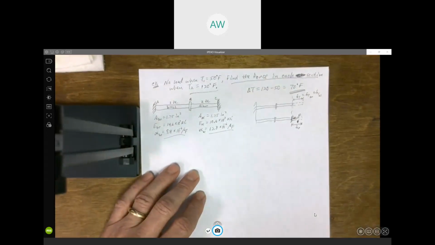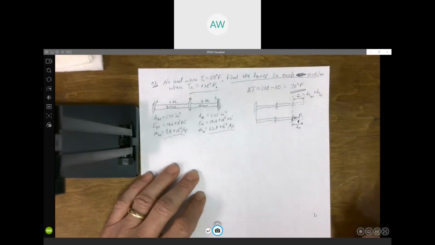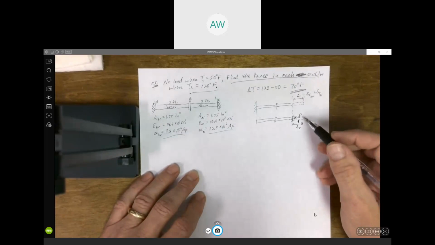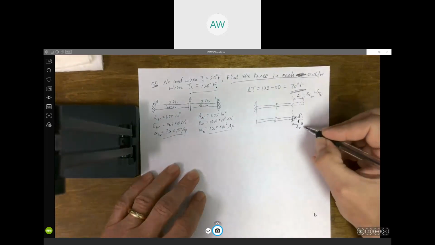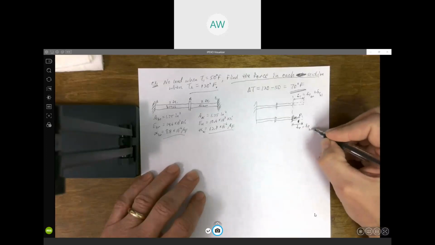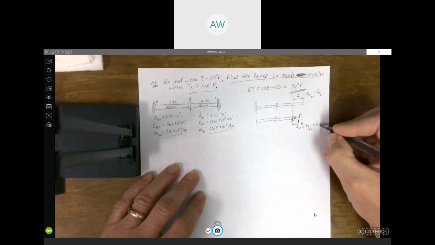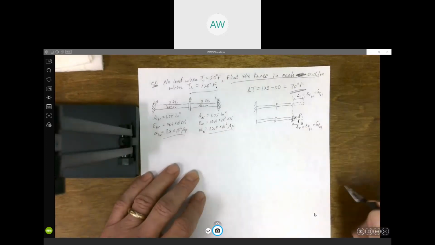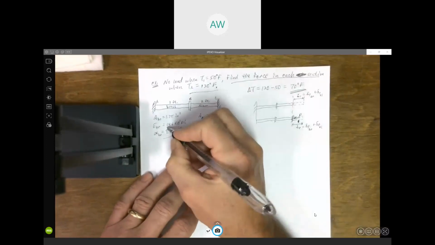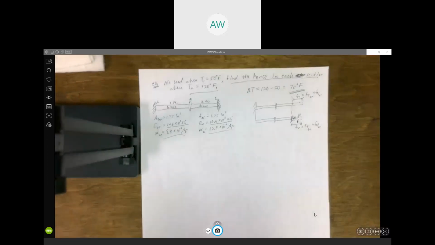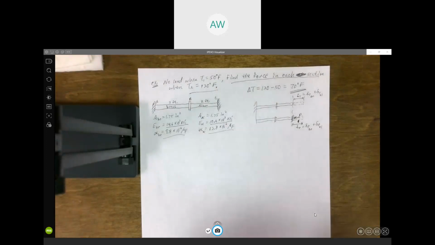We're going to have to break it up and get it for each section. Same thing for deformation due to that axial load P. It's going to be due to the brass, and we'll also have deformation due to the axial load from the aluminum, because again, these two different materials behave differently. So a little bit different than the first problem where we just had one material. Here we've got two different materials.